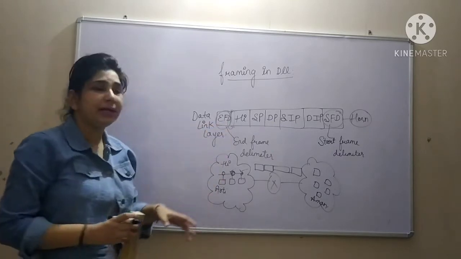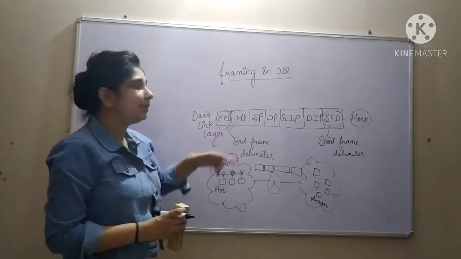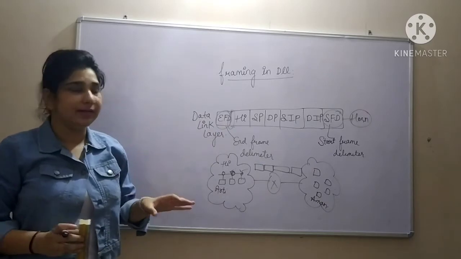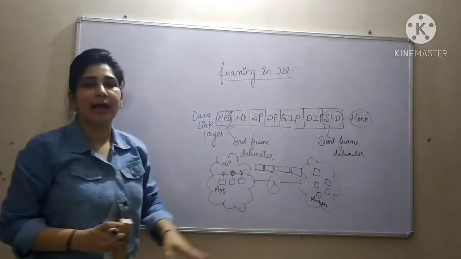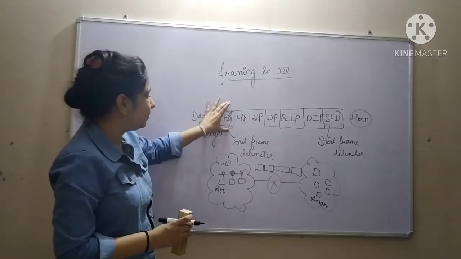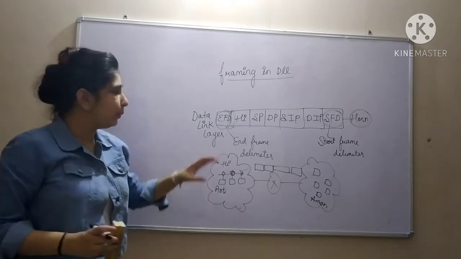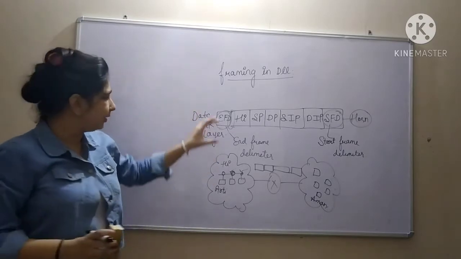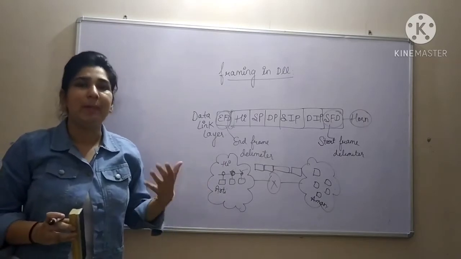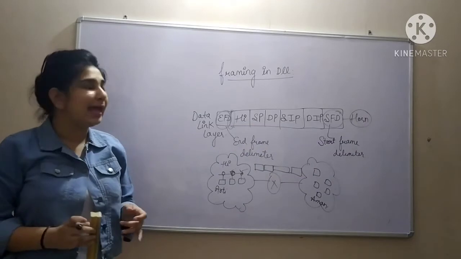End frame delimiter is basically used so that we can determine that our packet has been completed, and this is the one packet we have. This is just a single packet, and it gets completed at the end frame delimiter. Any packet coming after the end frame delimiter is actually your second packet. So that is the reason we are using end frame delimiter.